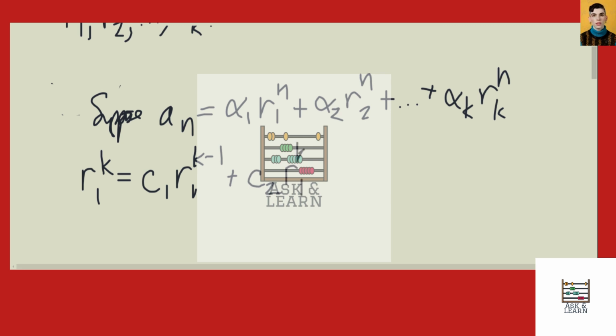r1 to the k is equal to c1 r1 to the k minus 1 plus c2 r1 to the k minus 2 all the way to ck.